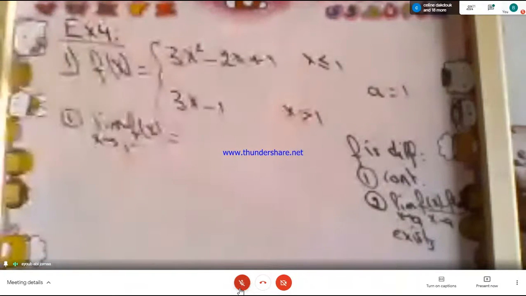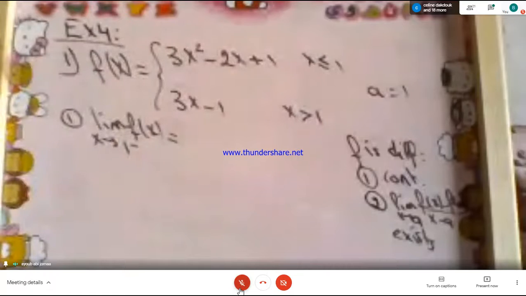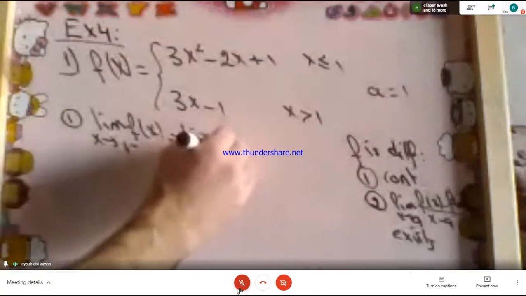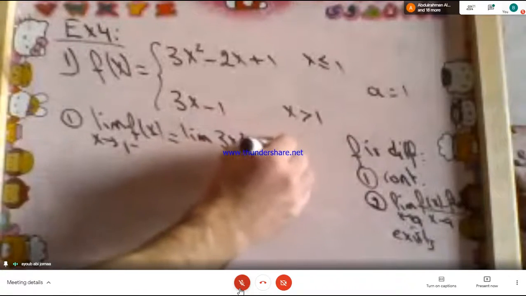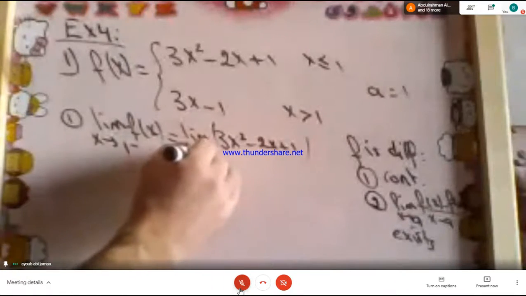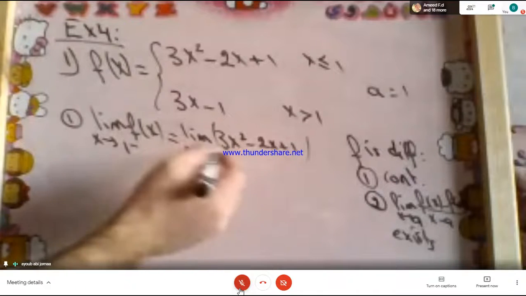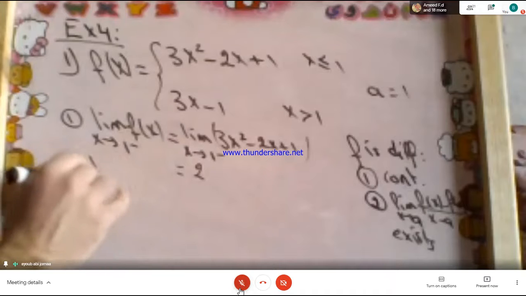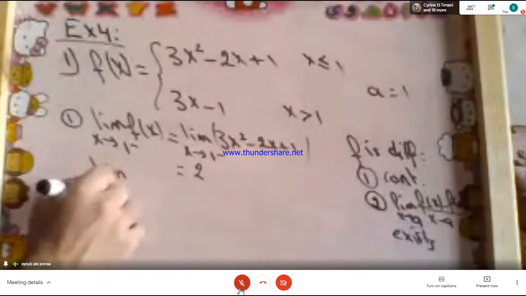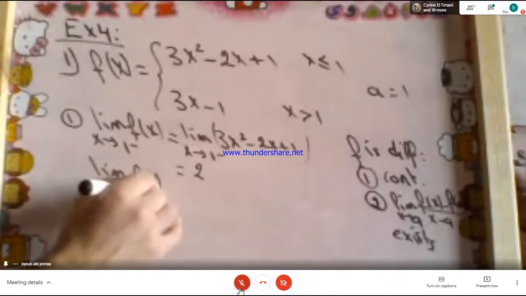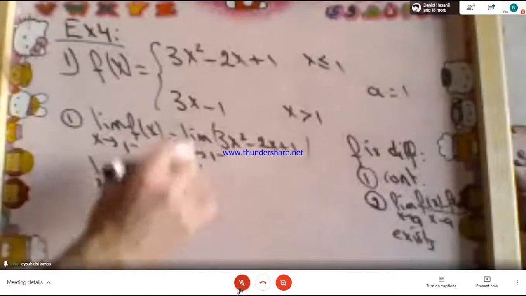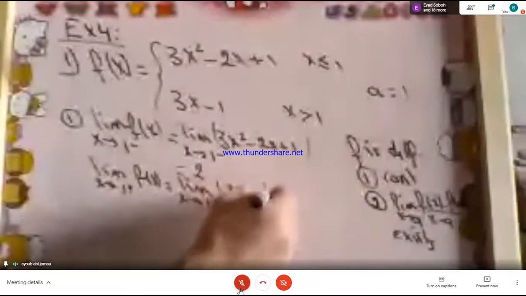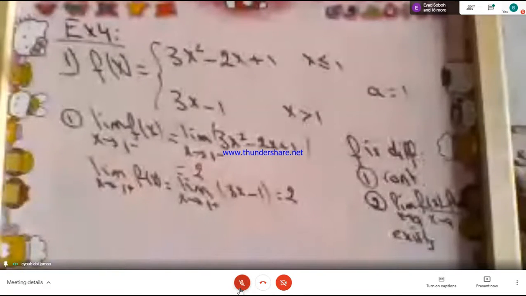It is defined at 1, obviously. The limit as x approaches 1 from the left is the limit of 3x squared minus 2x plus 1, which we studied in the previous lesson, and it is equal to 2. And the limit as x approaches 1 from the right of the function is the limit of 3x minus 1, which is equal to 2 also.